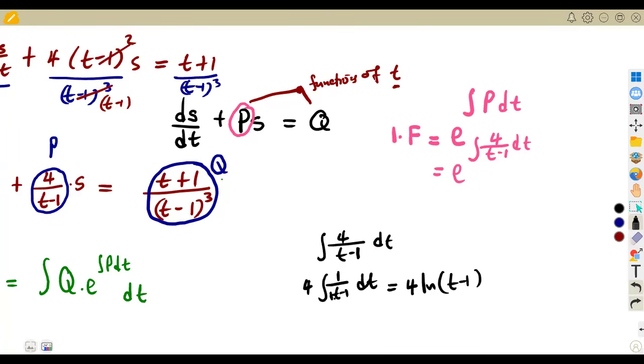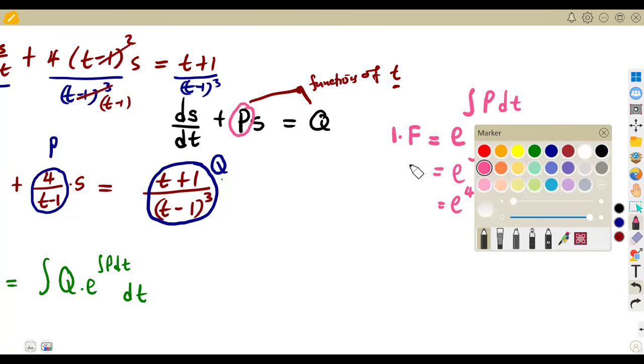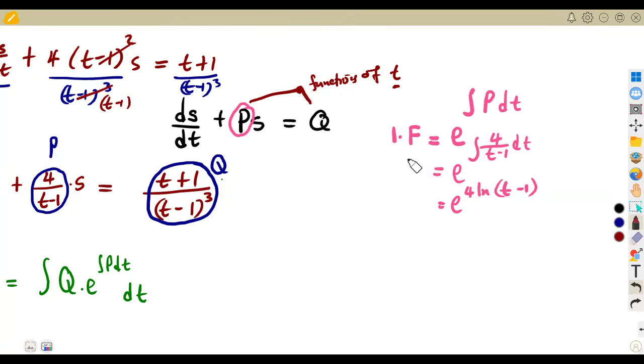So it means here we are going to have e to the exponent. We got the integral of this part here. We integrated here. We got 4 ln t minus 1 like this, plus the constant of integration. Don't worry about that. Don't write that constant. All right. But now, because, guys, like I said, N6, it's back to N1.